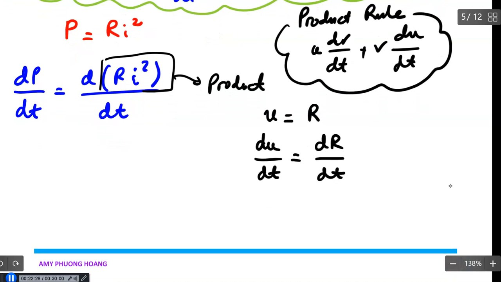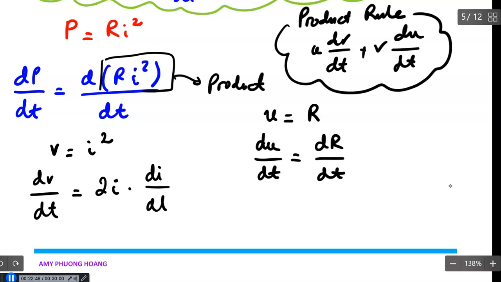If I identify V as I squared, then dV over dt is 2 times I raised to exponent 1 multiplied by dI over dt. Don't underestimate the power of writing the derivative of P as a function of t, with respect to t, because this dt is very important.